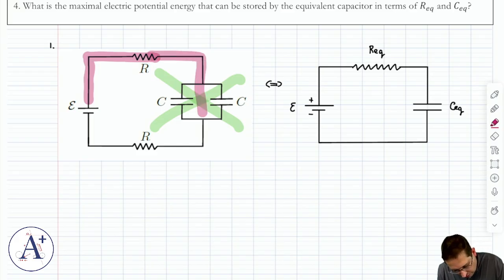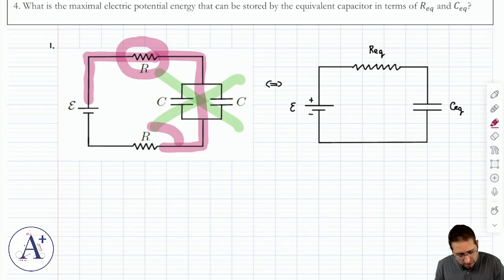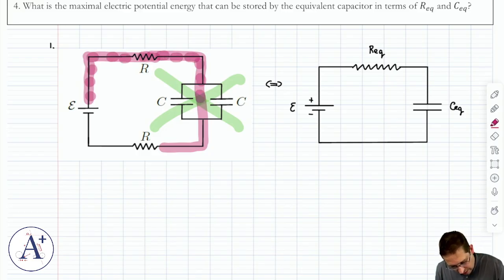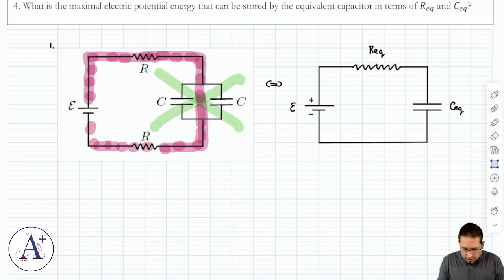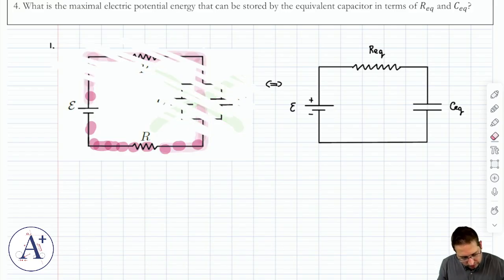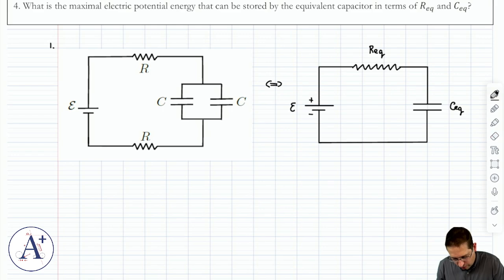You come around here and you enter this one, and you have to give a receipt to go into it. Well, you got a receipt here, you can give the receipt here. In other words, every single charge that went through this one ends up having to go through this one to make it around the circuit. So that means that you're in series, one after the other. There's no choice other than that. So these two resistors are in series.